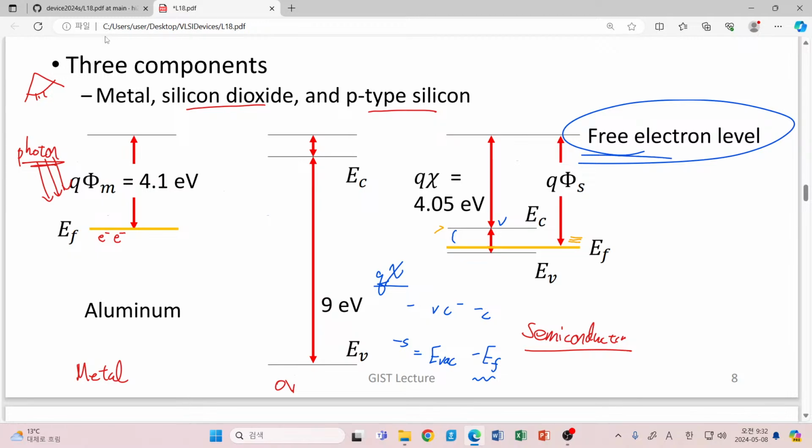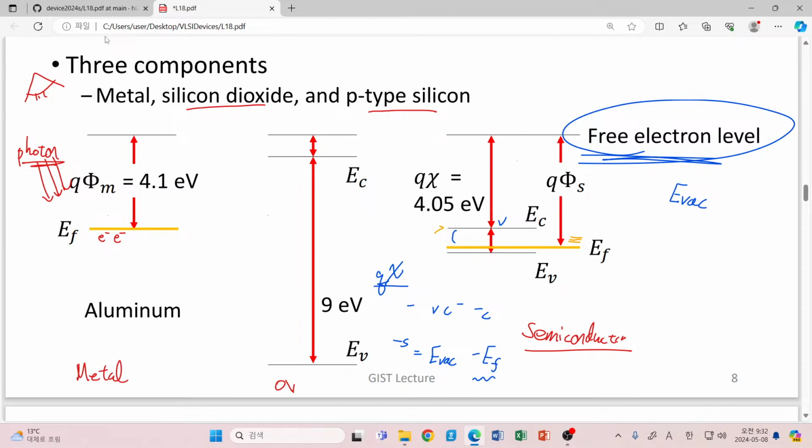However, from its definition, this free electron level or vacuum level is not specially assigned to silicon, metal, or silicon dioxide. It is just the energy level felt by our free electron. It does not feel whether that is silicon or metal, because it is highly energetic.